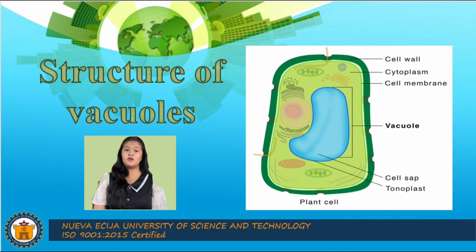Structure of vacuoles. Cell wall. The cell wall is the outermost covering of plant cells. The functions of the cell wall are protecting the cells against physical damage and invading pathogens, regulating and controlling the direction of cell growth, providing strength and structural support, and maintaining the shape of the cell.